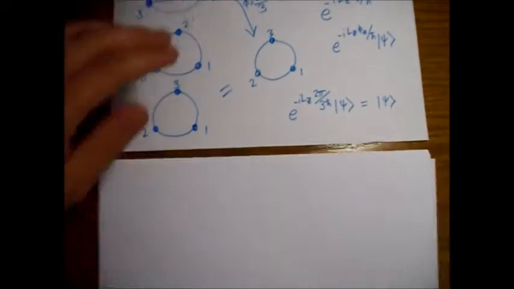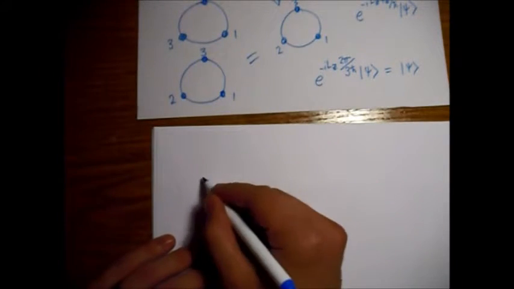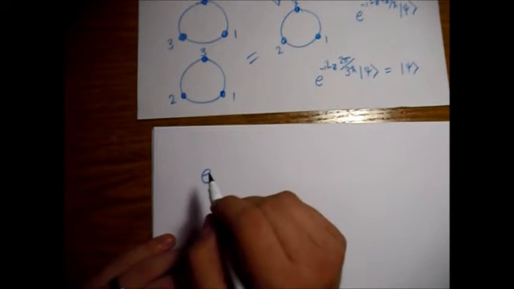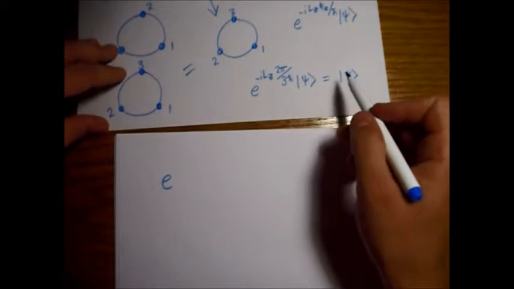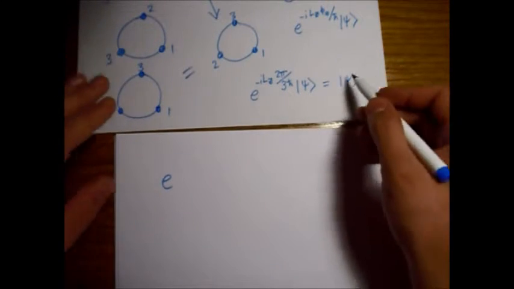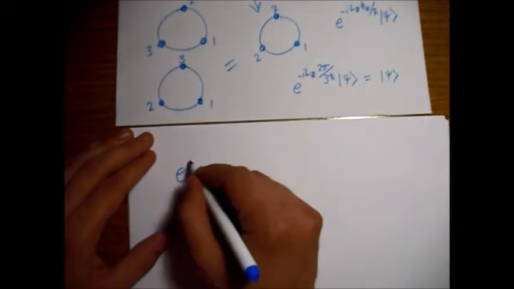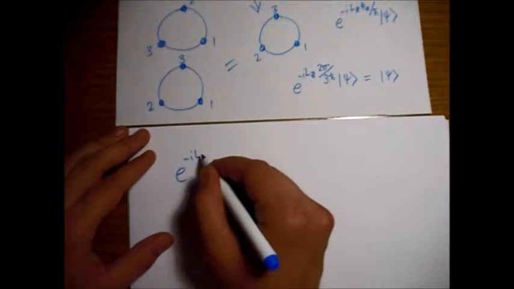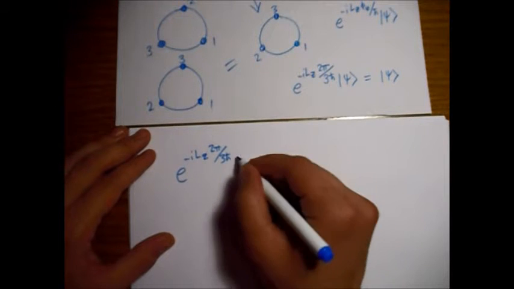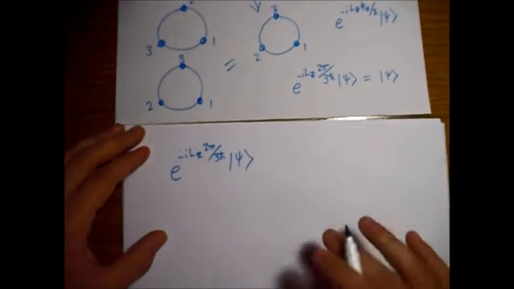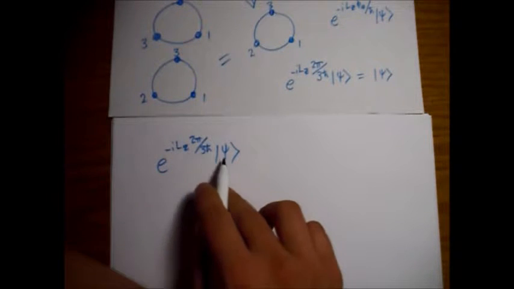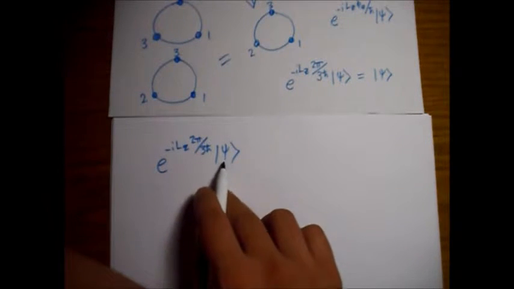All of this comes down to e to the, I'll write this out a little bit better. Minus i L z 2 pi over 3 h bar, because what I should do is apply this L z operator to this ket.